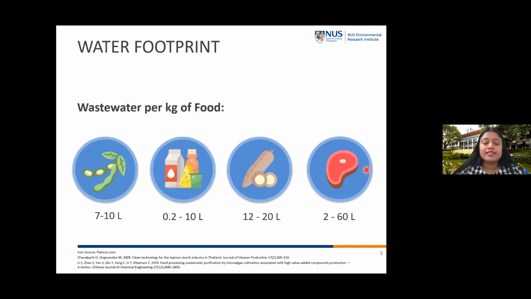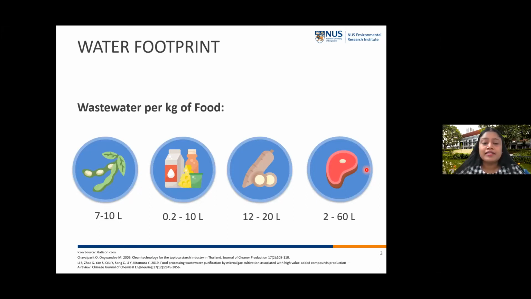Soybean is a main ingredient in soy products like tofu and soy milk, which is quite popular in Asia. And you can imagine how much wastewater can be generated with the rising demand for soy products as well.